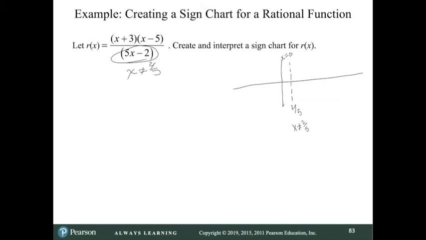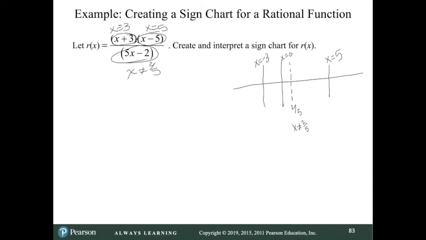That would make it undefined. Okay, next I'm going to mark our other critical values, which are our zeros: x equals 3 and x equals 5. Sorry, that should be -3. So here I have x equals -3 and x equals 5.